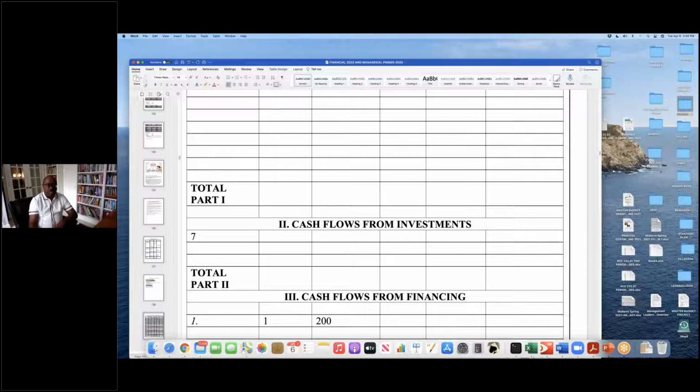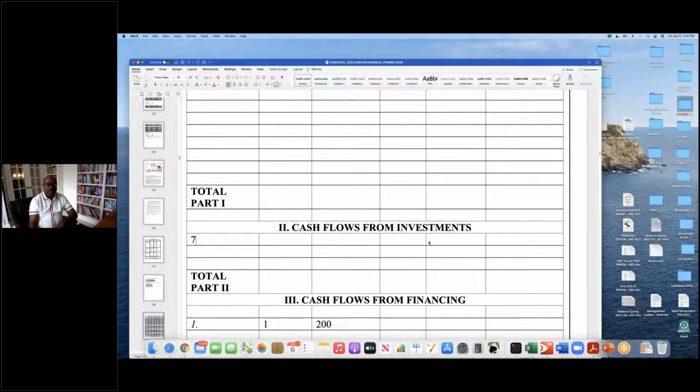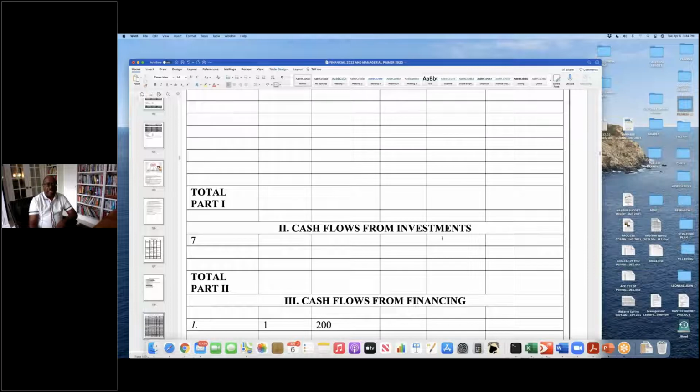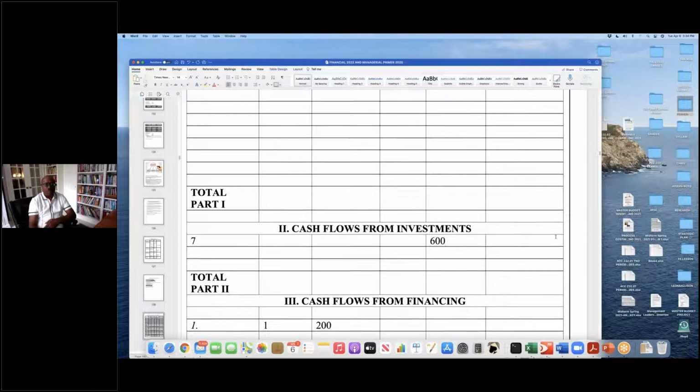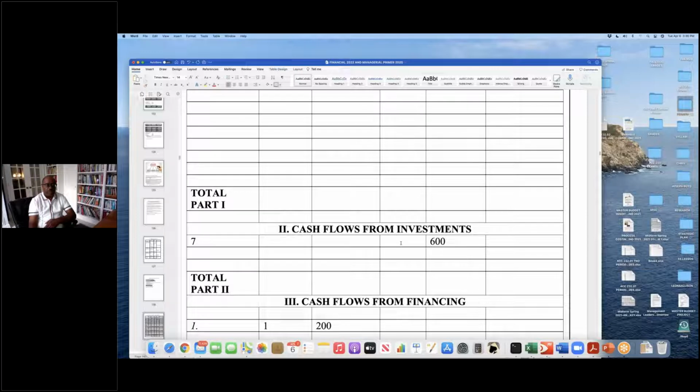So it's a use, so it's going to come over here. And the asset costs $600. Okay, so it's going to be a type 8.